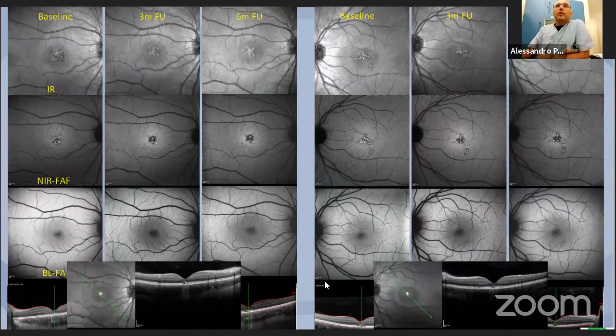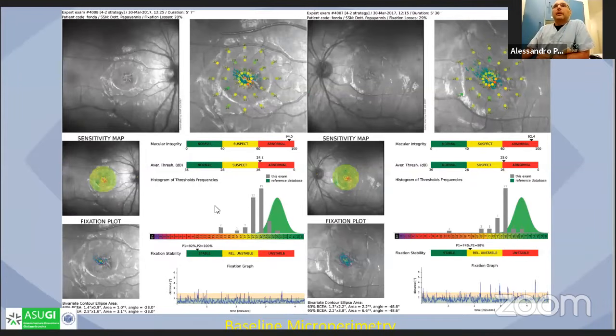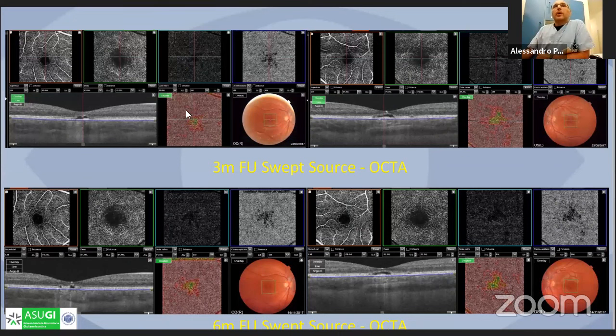And we performed angio-OCT in this patient. What we found was that the vascular density and the vascular flow were permanently altered. So during the follow-up of 6 months, the choriocapillaris presented this alteration that was permanent.